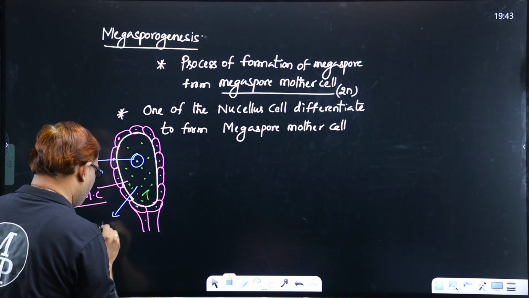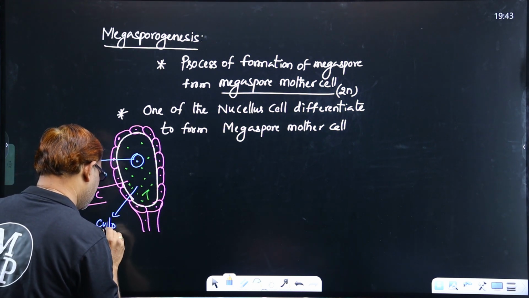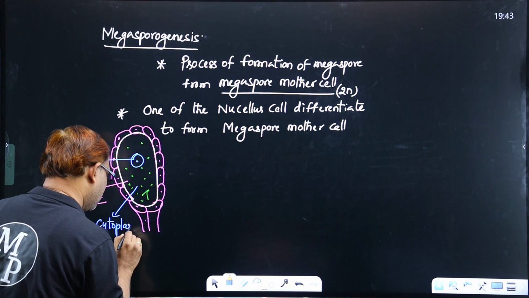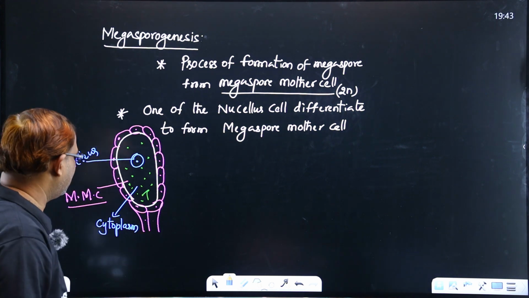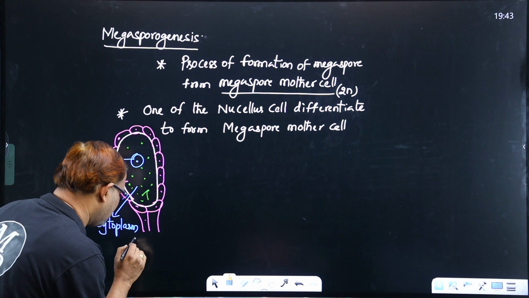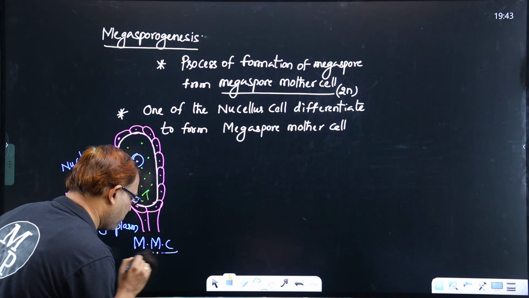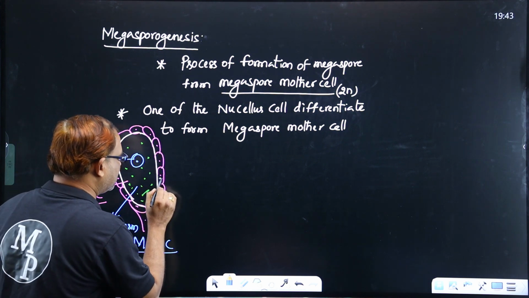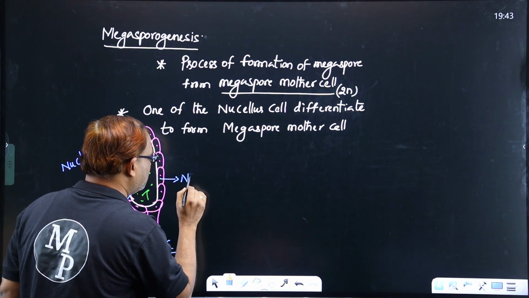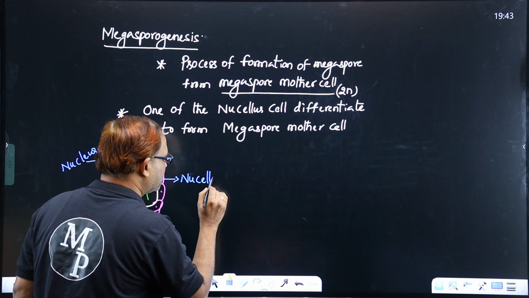These dots are the cytoplasm. This is the complete structure of the megaspore mother cell. The surrounding dot-like structures are the nucellus.